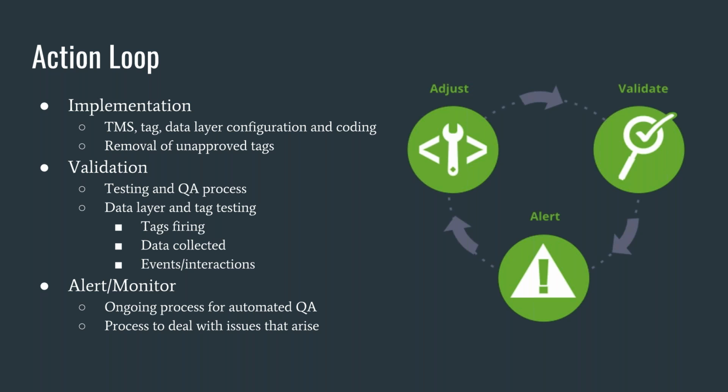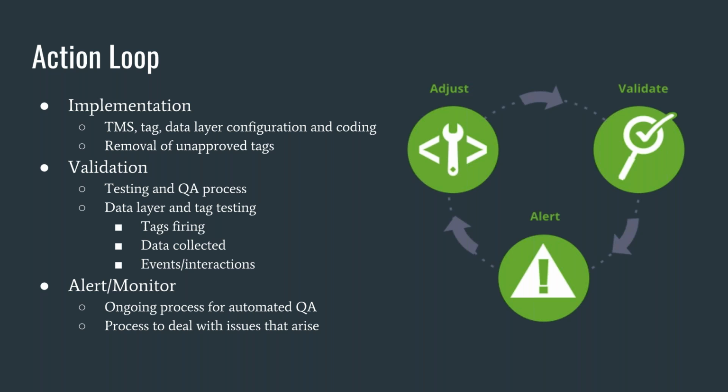Final stage of this action loop is the alerting and the monitoring. So this is just an ongoing process for automated QA. All too often right now, sites, companies are way too reactive in their approach to monitoring.